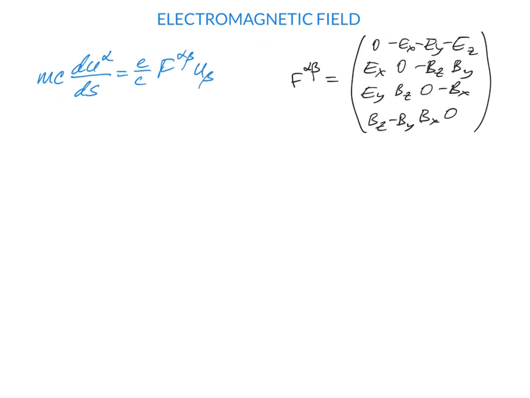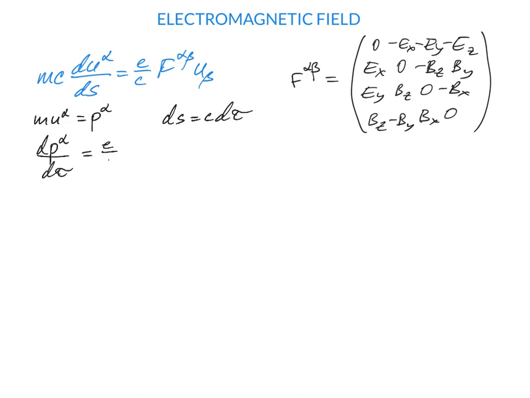Let's now check the equation of motion. So remember, m u alpha is just the four-momentum p alpha. Now ds is c d tau, where d tau is the element of proper time. So the left-hand side of the equation of motion is just dp alpha by d tau.